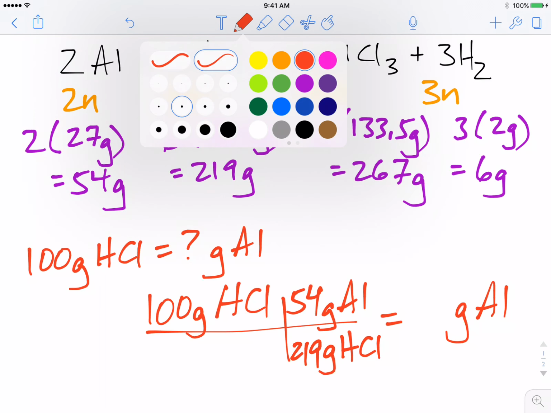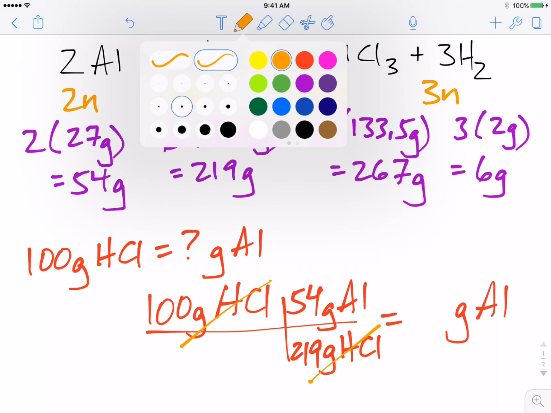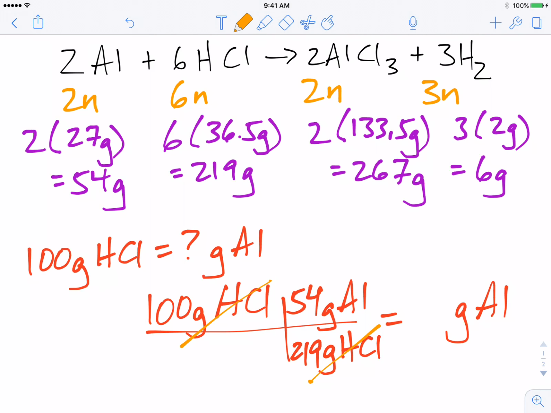My units of grams of HCl cancel out. And now it's a matter of doing the math here. So I'm going to take 100 times 54 divided by 219, and we get about 24.7 for my answer.